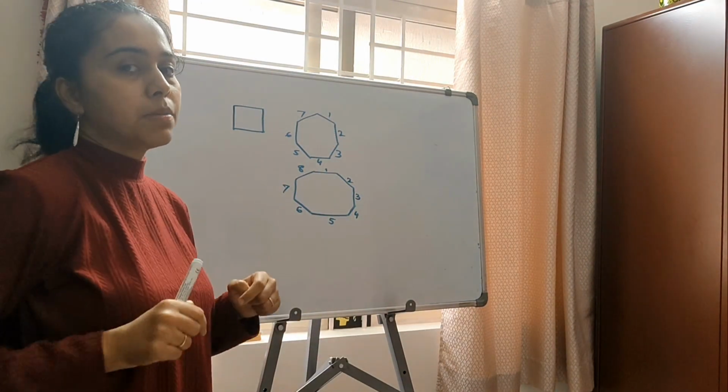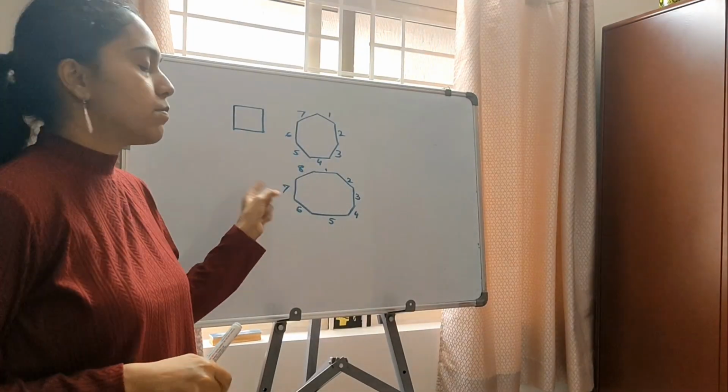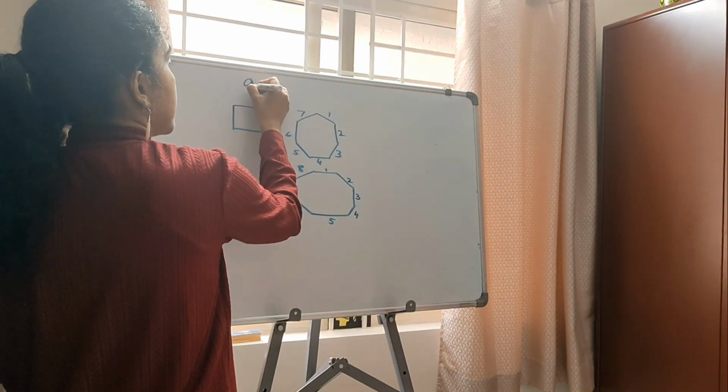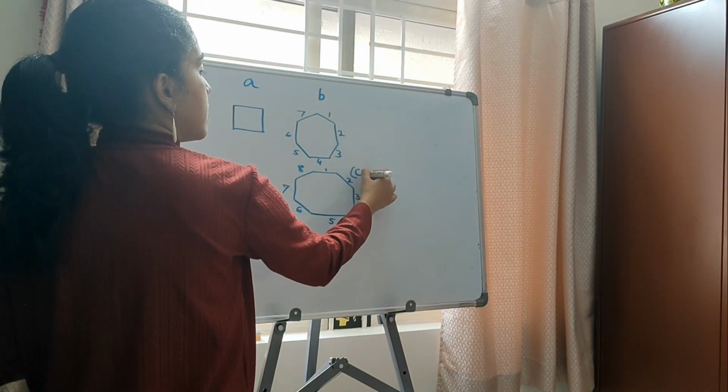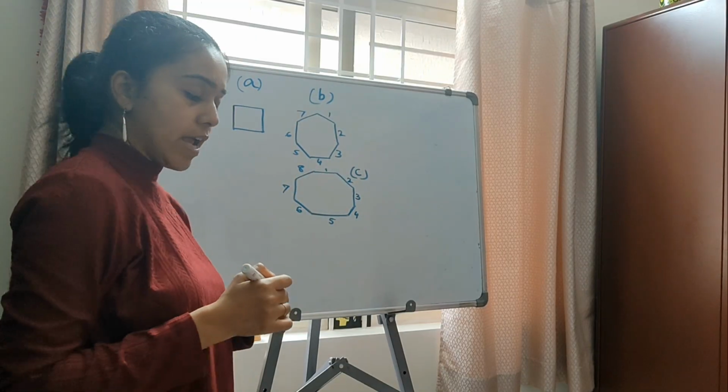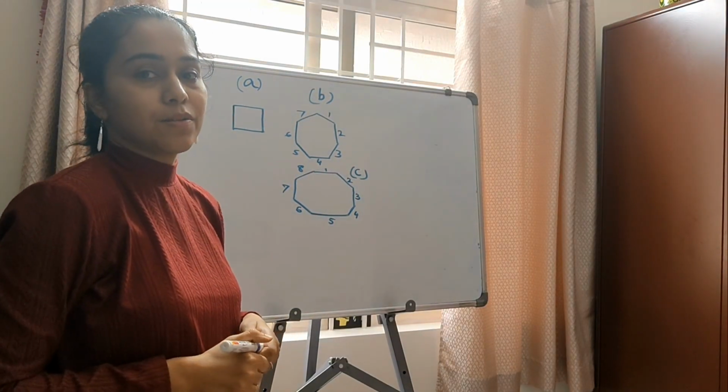So please tell me in the comment section what are the names of these 3 compounds. Let me label it as A, this is B, and this is C. So I would like to know your answer.